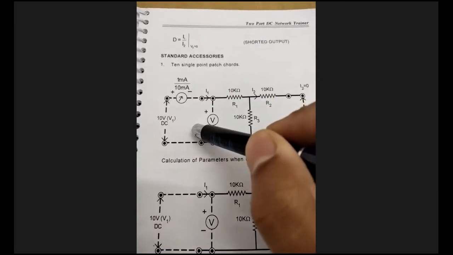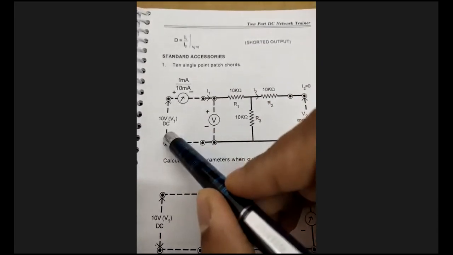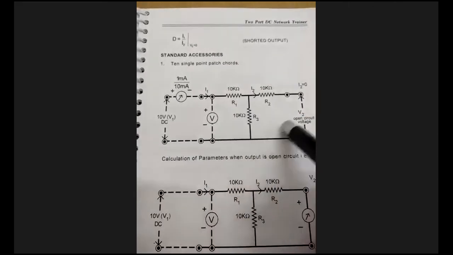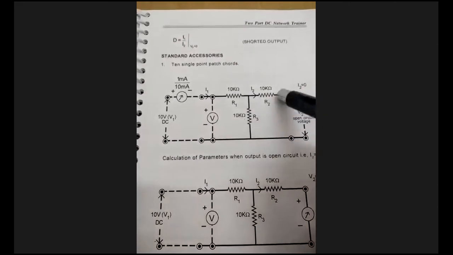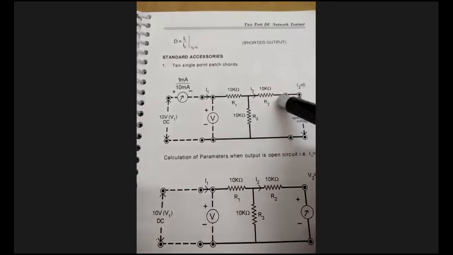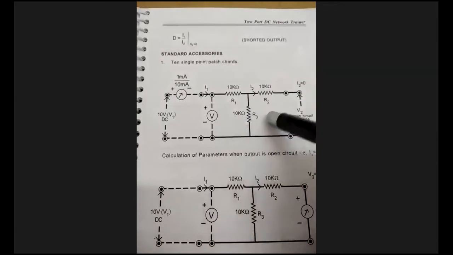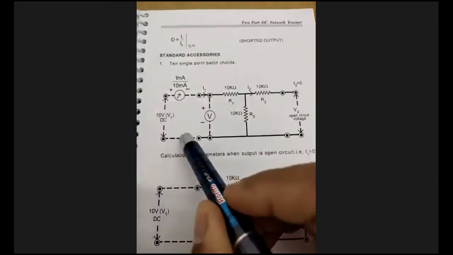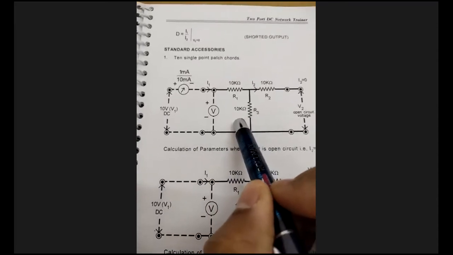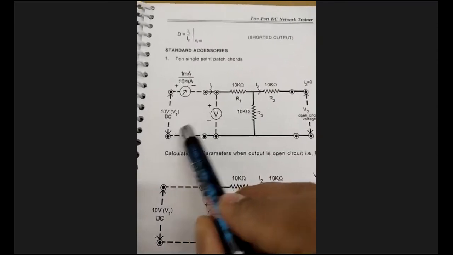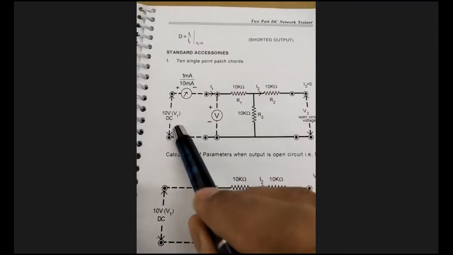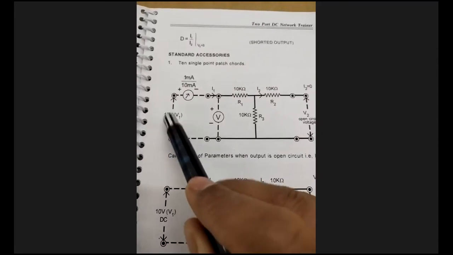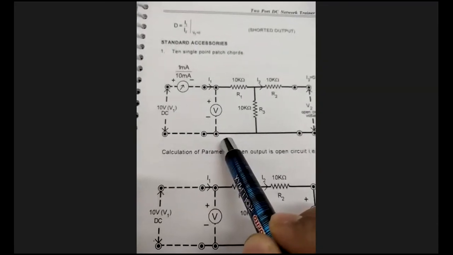This circuit is a two-port network formed with the help of these three resistors. Okay, in the input side of the network, listen to me very carefully. In the input side of the network, we will connect a DC source, a 10 volt DC source, that is V1, to the input of the circuit.